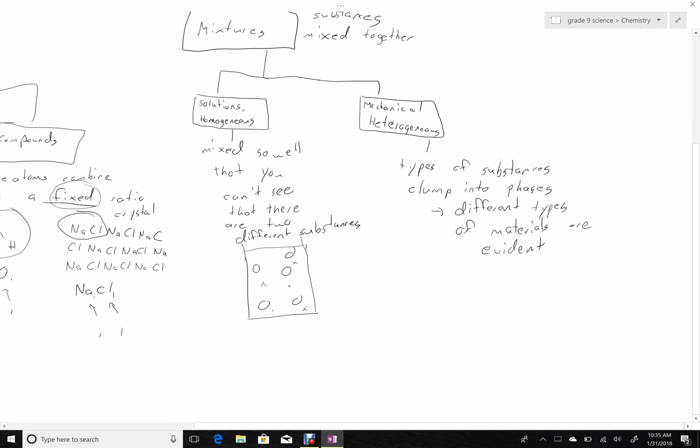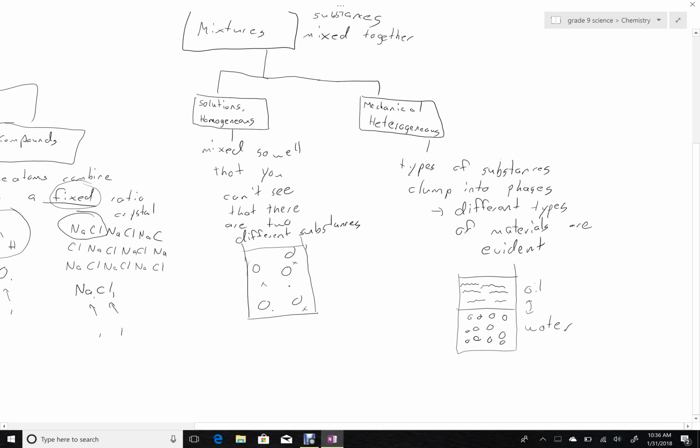So for example, if we imagine some oil, which kind of looks like a long chain polymer, sitting on top of some water, so here's my oil, here's my water, and the two don't mix, and so it's clear that there's oil and water there just by looking at it.